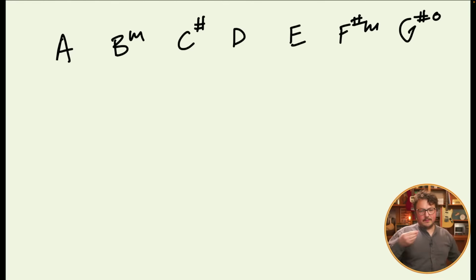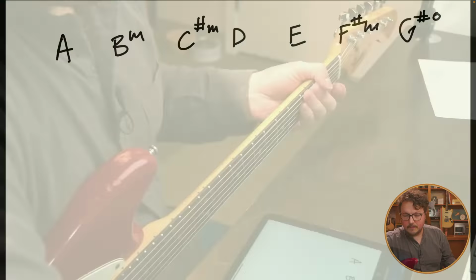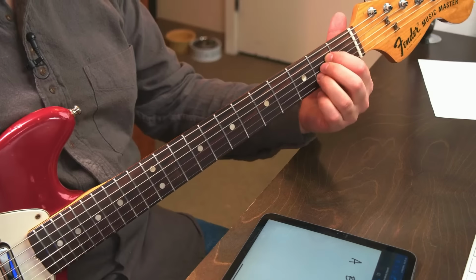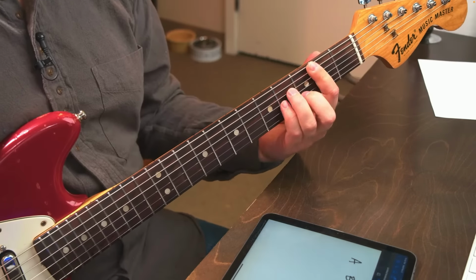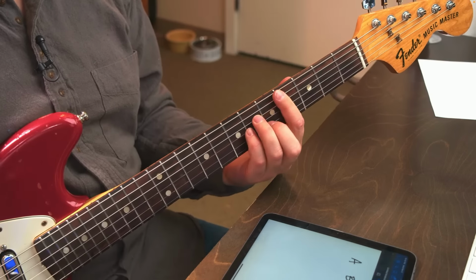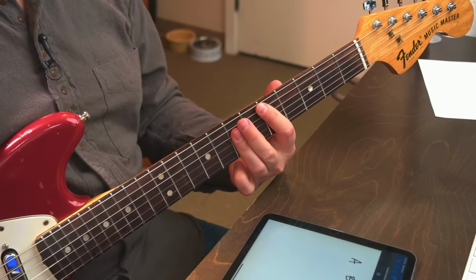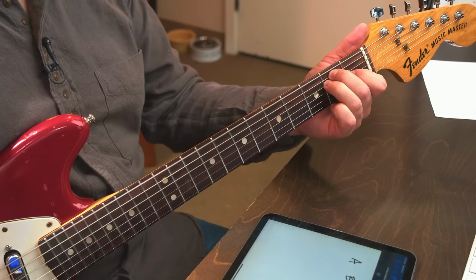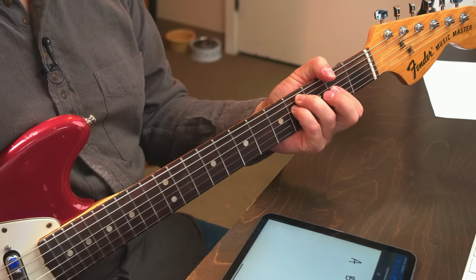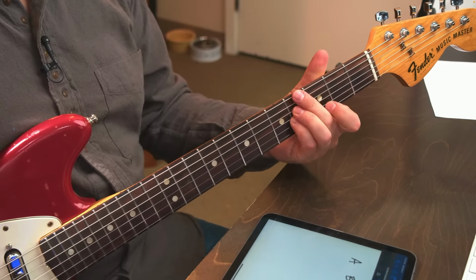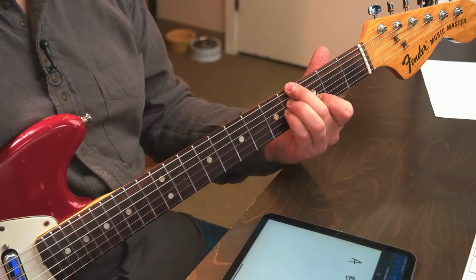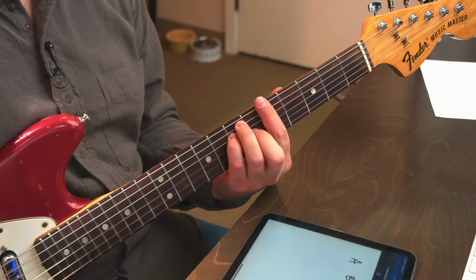Let me just play them for you. Almost. There we go. So, the chords in the key of A major are A major, B minor, C sharp minor, D major, E major, F sharp minor, G sharp diminished, excuse me, and then we're back to A major.